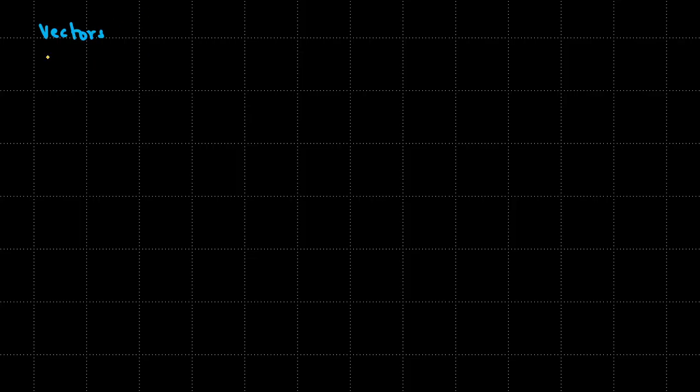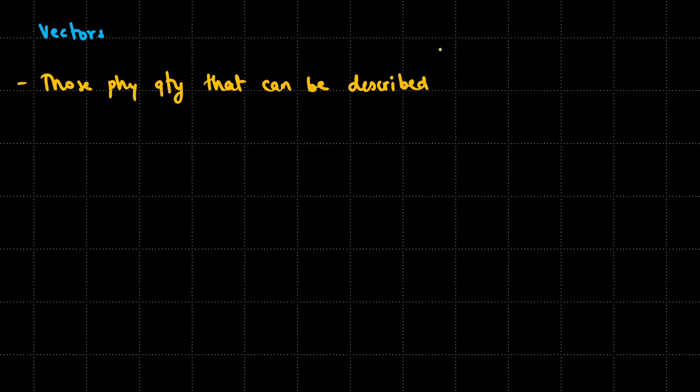Vectors are those physical quantities that can be described completely with their magnitude and direction.